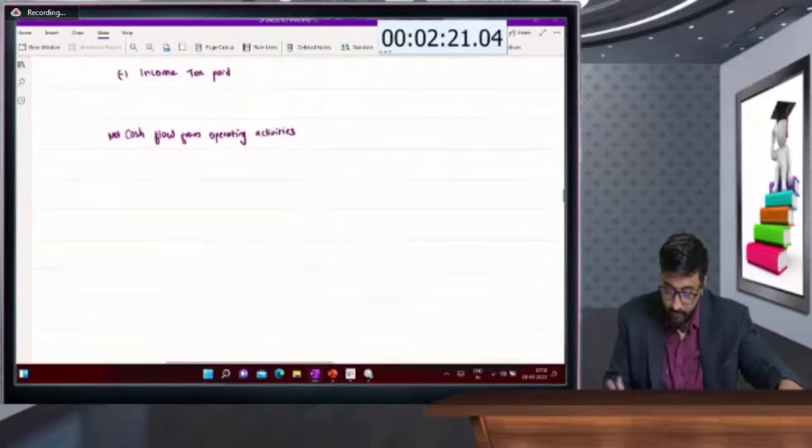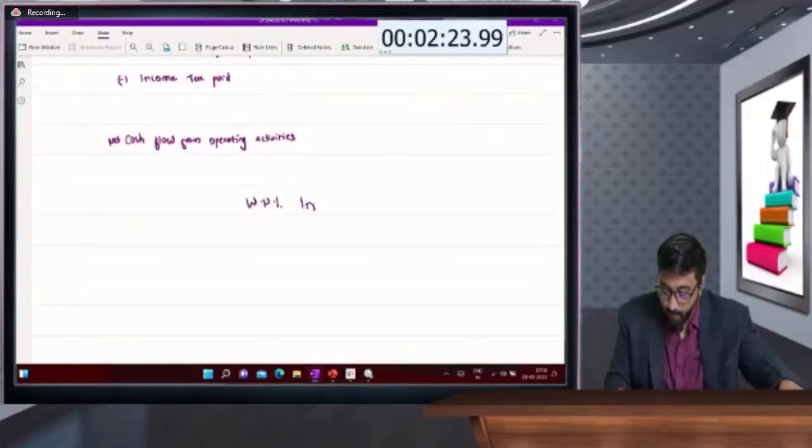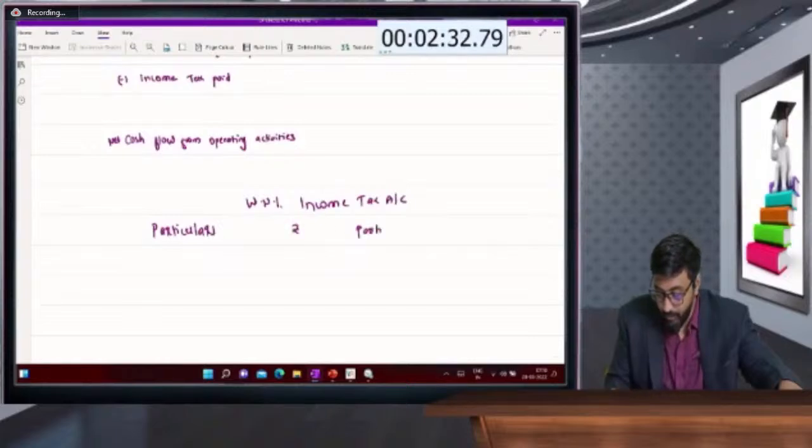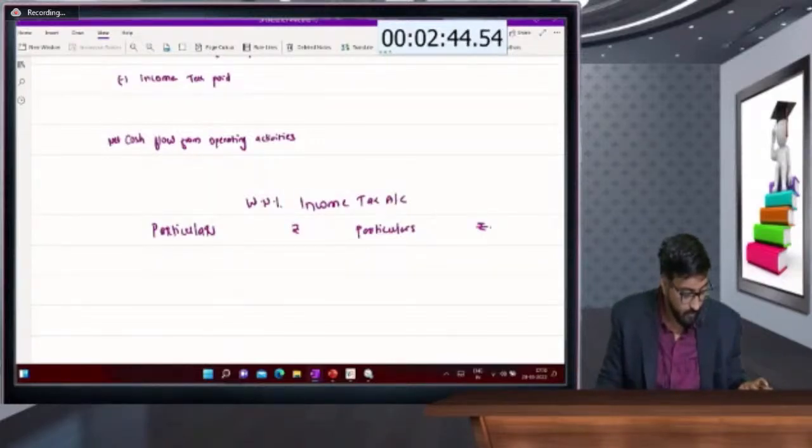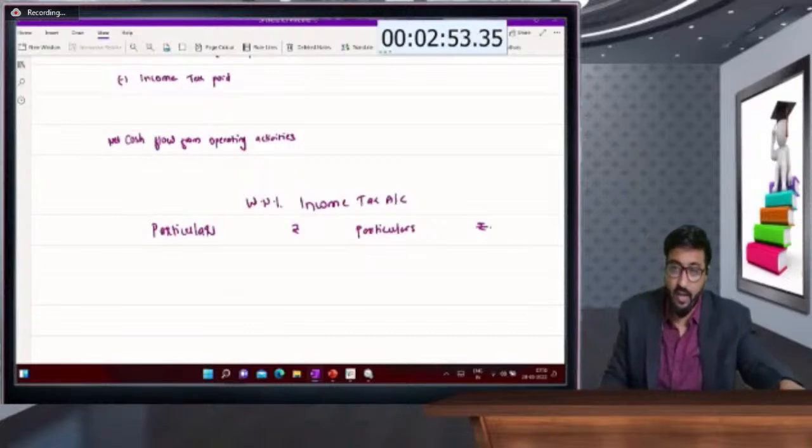Working note 1. Income tax account. Particulars, rupees. Particulars, rupees. Yes, beta Sahil, 1.5 group is okay if you are not comfortable with the first group.